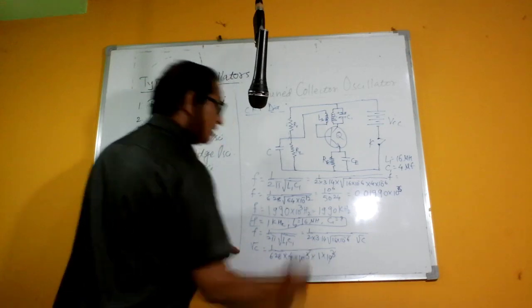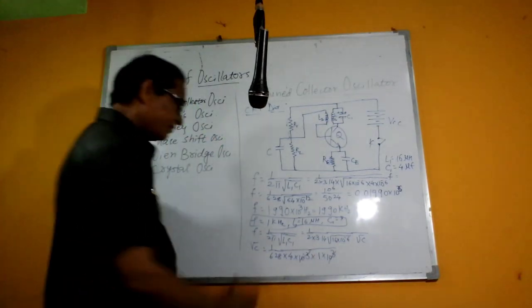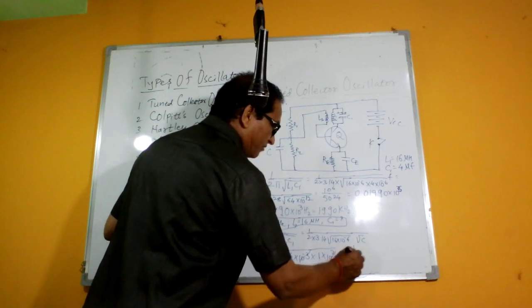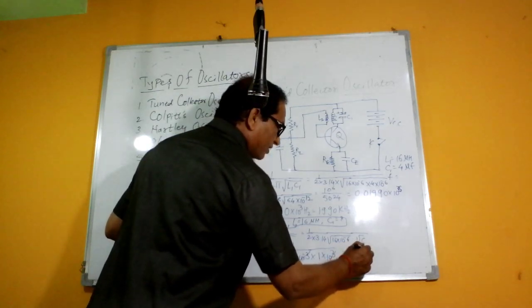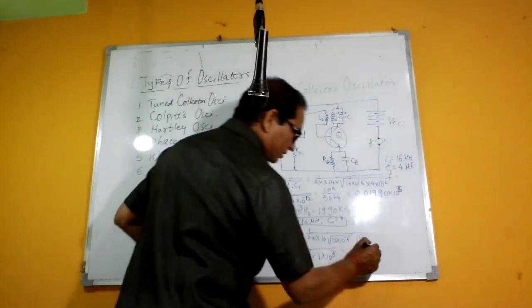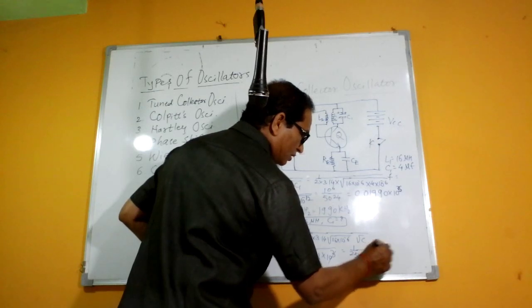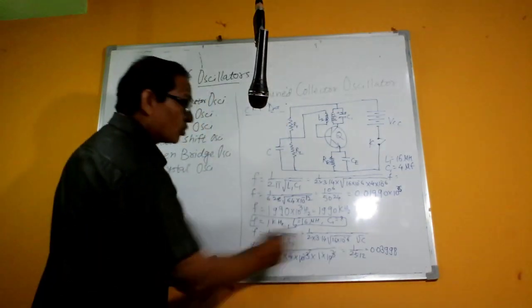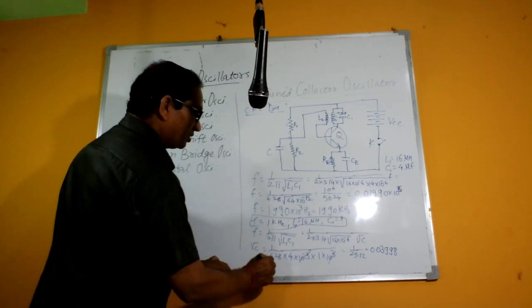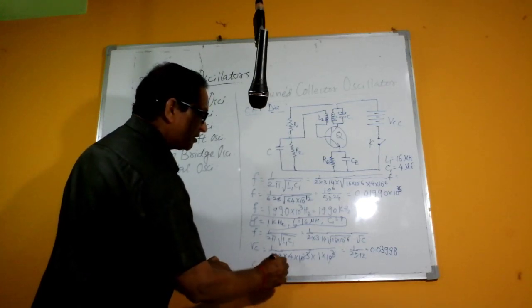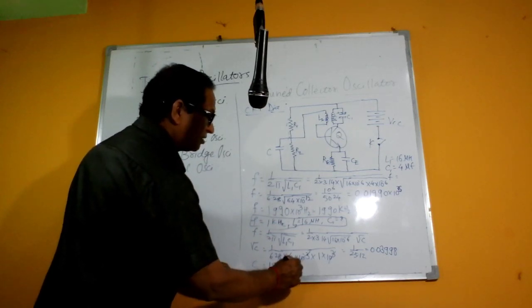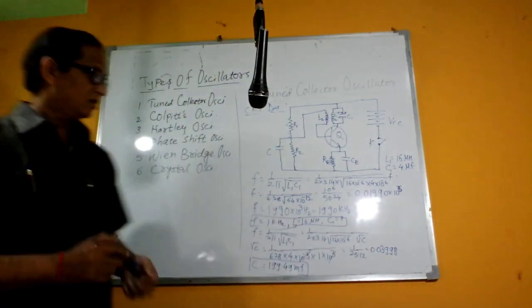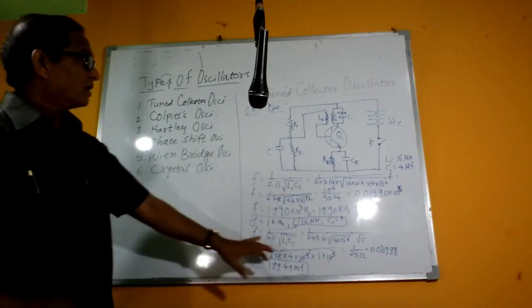This 10 to the power of 3 and 10 to the power of minus 3 will be cancelled over here, and we are left with only the multiplication of these two, that is under root of C is equal to 1 divided by 25.12, and if you solve further, this will give you 0.0398, and this is under root of C. Therefore, C is equal to 199.49 millifarads, if we take the square of 0.03998.